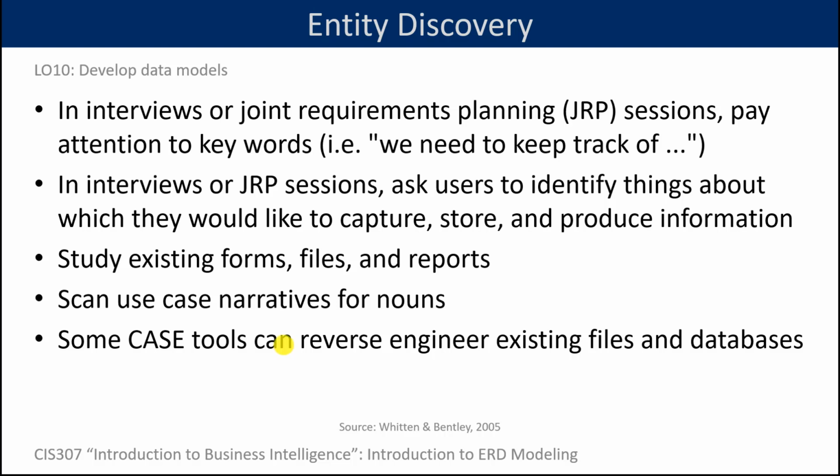A human still needs to look at those results generated by a computer-aided software engineering tool and fine-tune entities and attributes to create an efficient, scalable, and flexible data model. So this is how we discover entities. Those are the typical techniques that we use to identify what kind of entities or tables we need to have in our database.